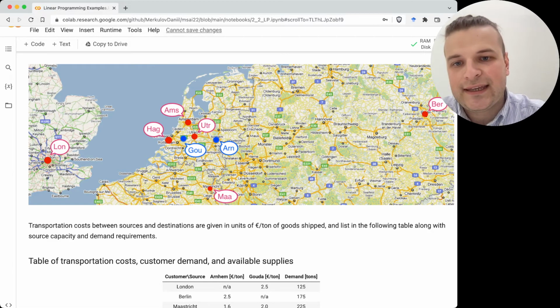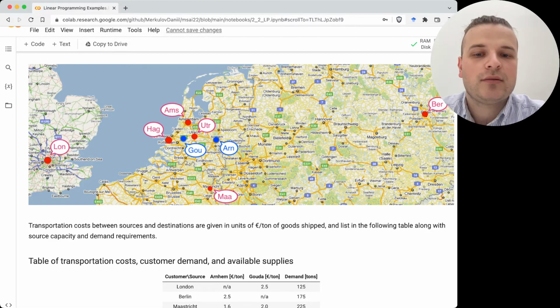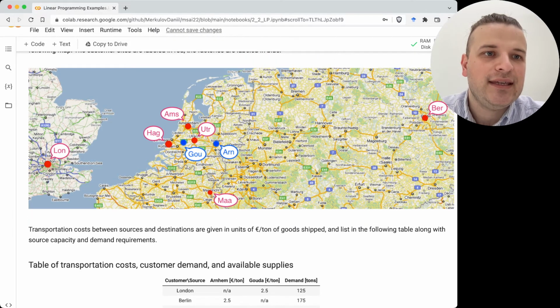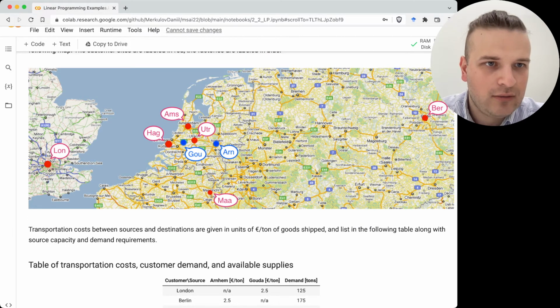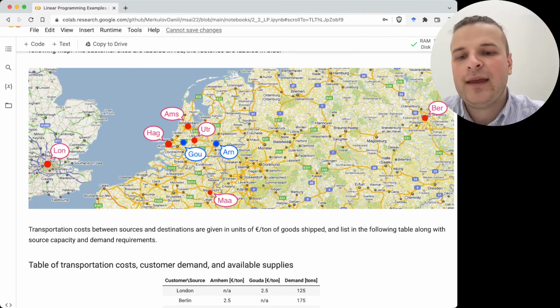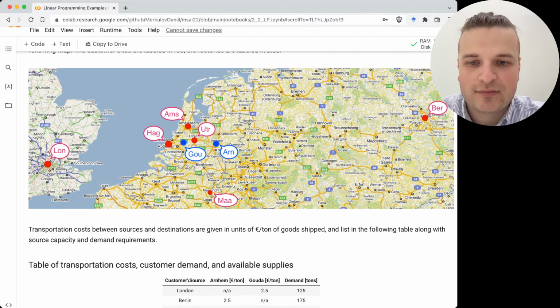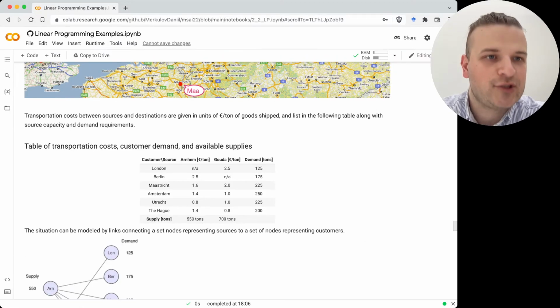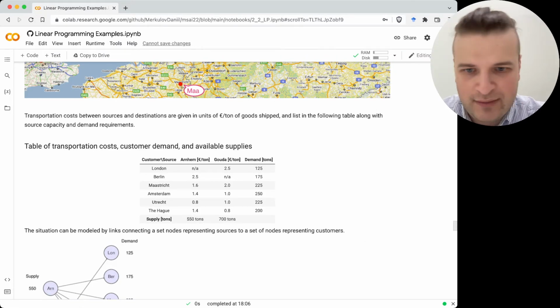And let's say here, the blue ones are producers and the red ones are consumers. And each consumer has its own demand on the material, and each supplier has its own production limit per day, for example.